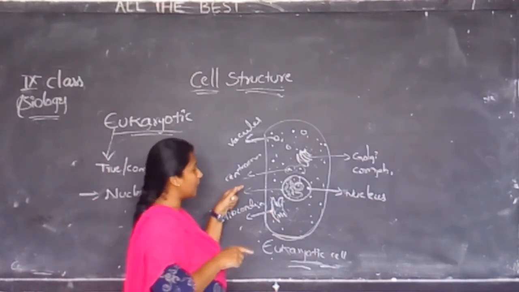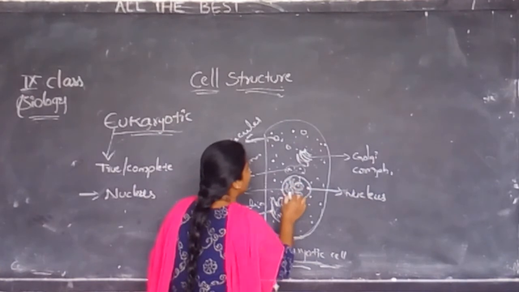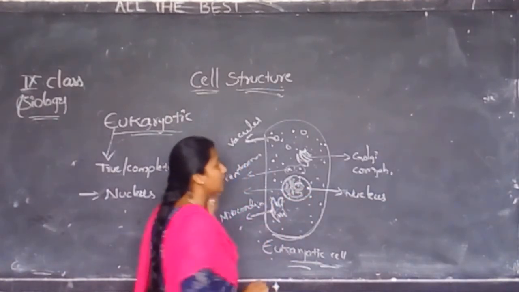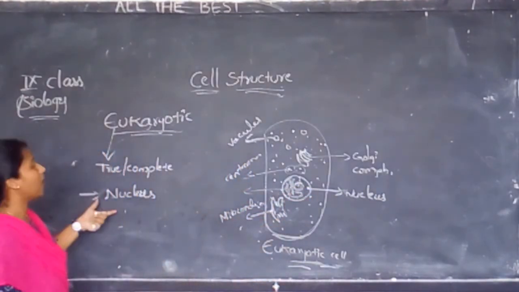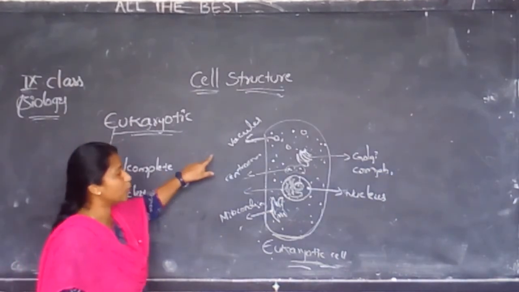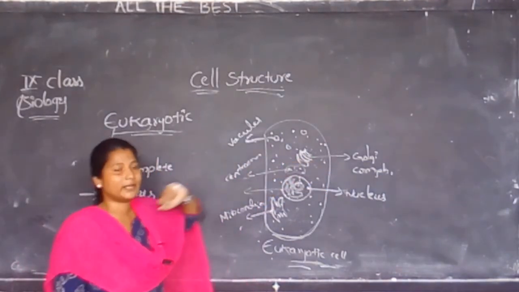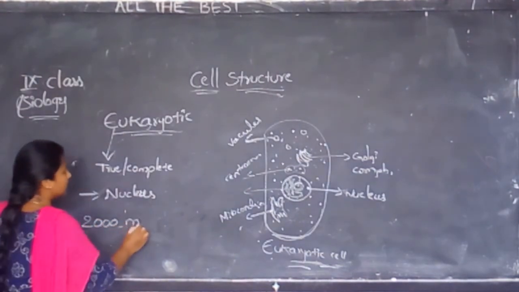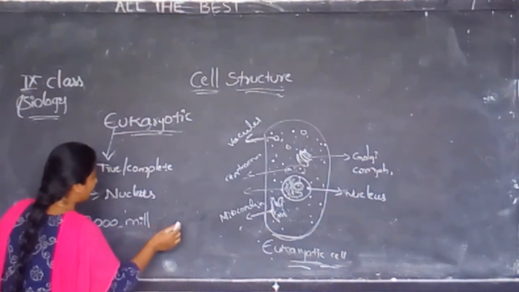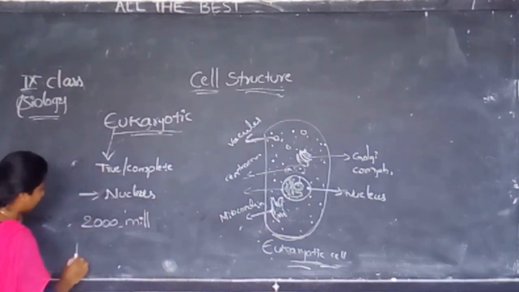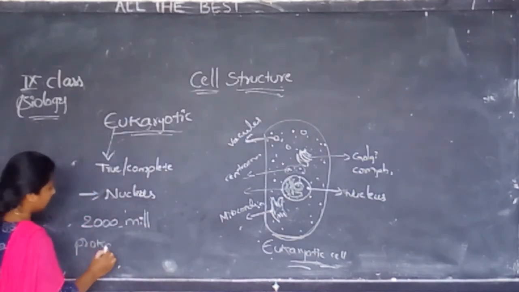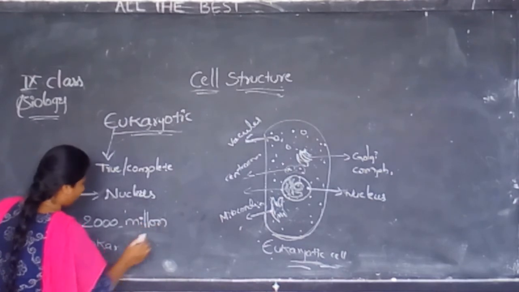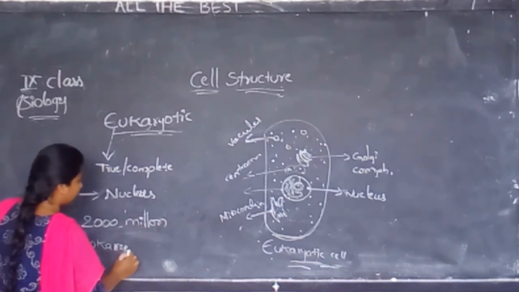But in eukaryotic cells, there are many chromosomes which lie in the nucleus. It has cell organelles like mitochondria, chloroplast, Golgi complex. It appeared 2000 million years ago. It is advanced compared to the prokaryotic cells.